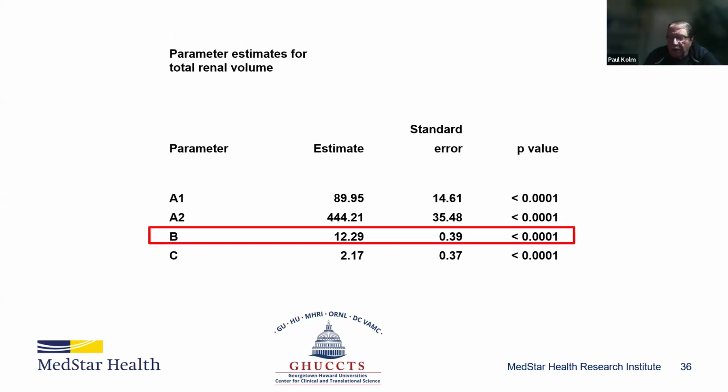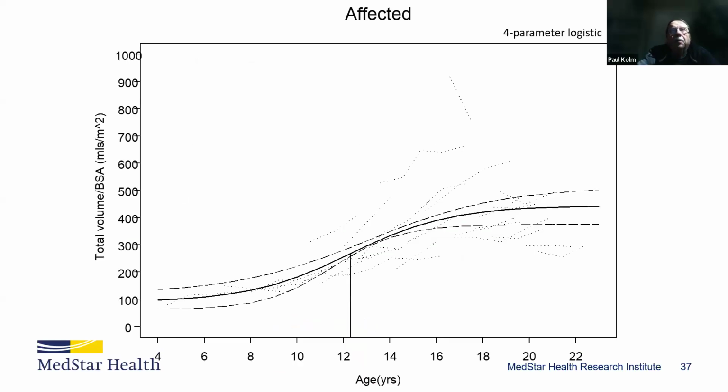And so this sort of supports our expectation that the inflection of the curve is going to occur at about 12 years of age, or approximately at puberty. So if we plot this, this is what it would look like.